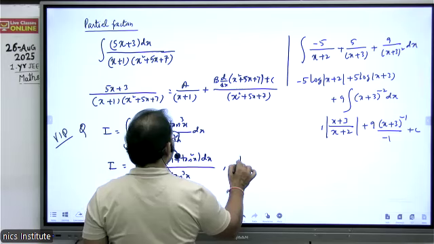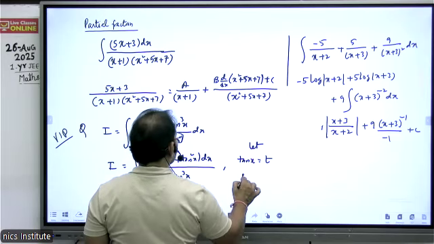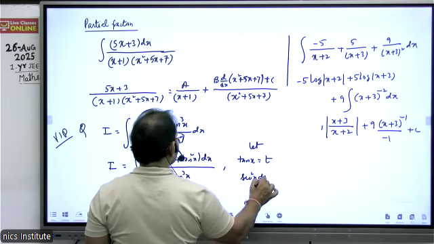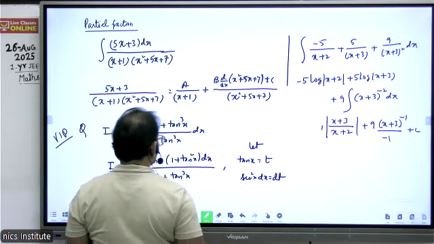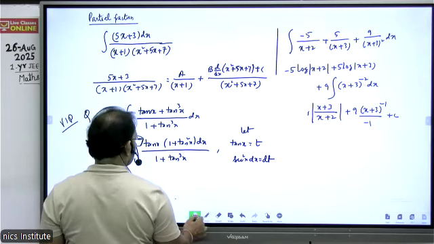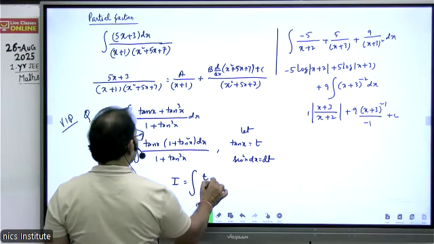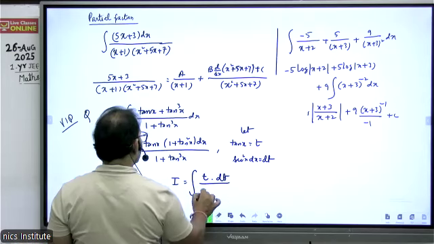So now we can substitute tan x is equal to t. Sec square x dx is equal to dt. So after this substitution, question is reduced to t dt divided by 1 plus t cube.